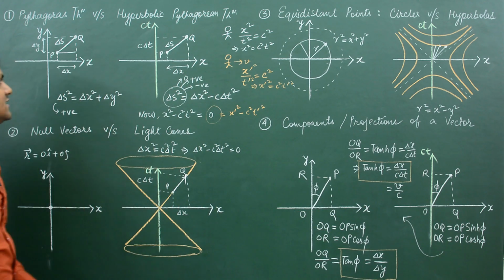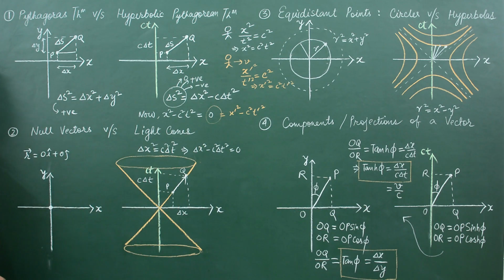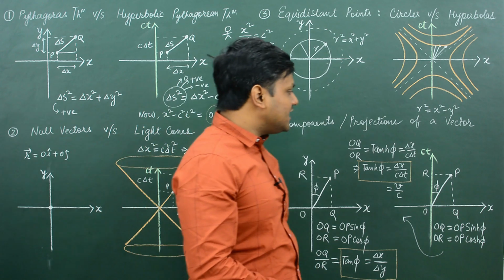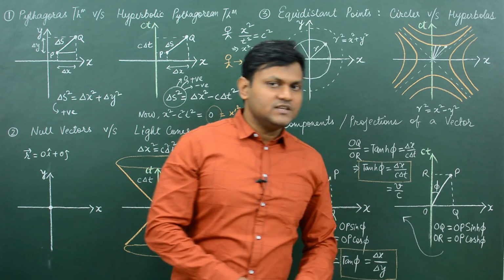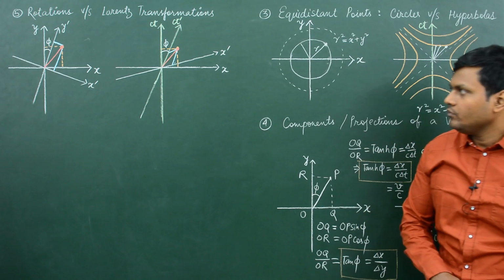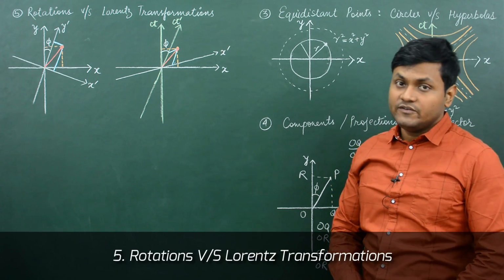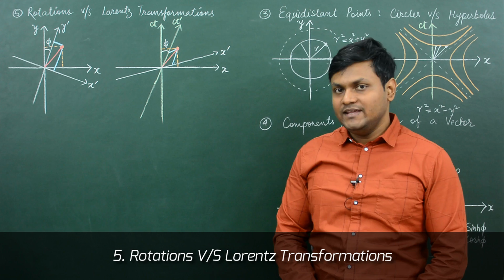So this brings us to the last difference in this particular video, which is transformations of Euclidean space and transformations of Minkowski space-time. Okay, so in relativity, invariant quantities are very important. What is an invariant quantity?